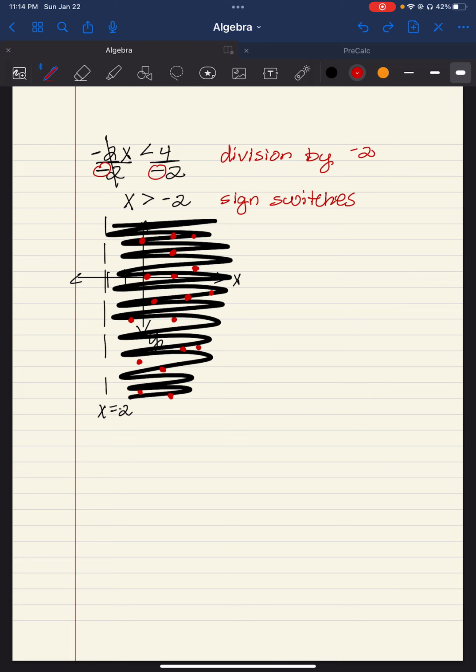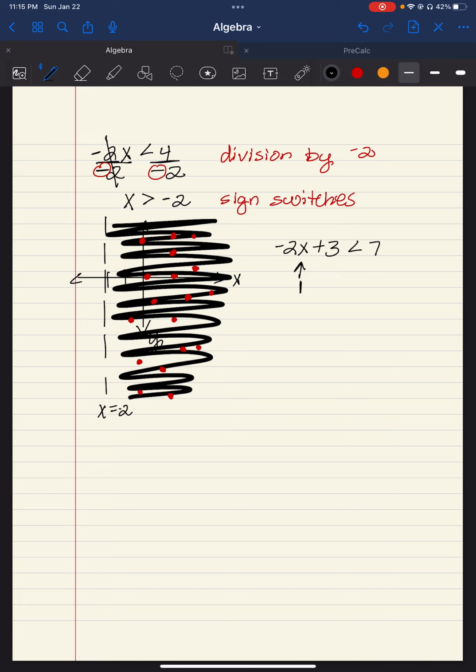So if we go back to the original inequality, which was -2x plus 3 is less than 7, and we plug in a number bigger than -2, let's think about this. Let's put in the number 1. 1 is bigger than -2.